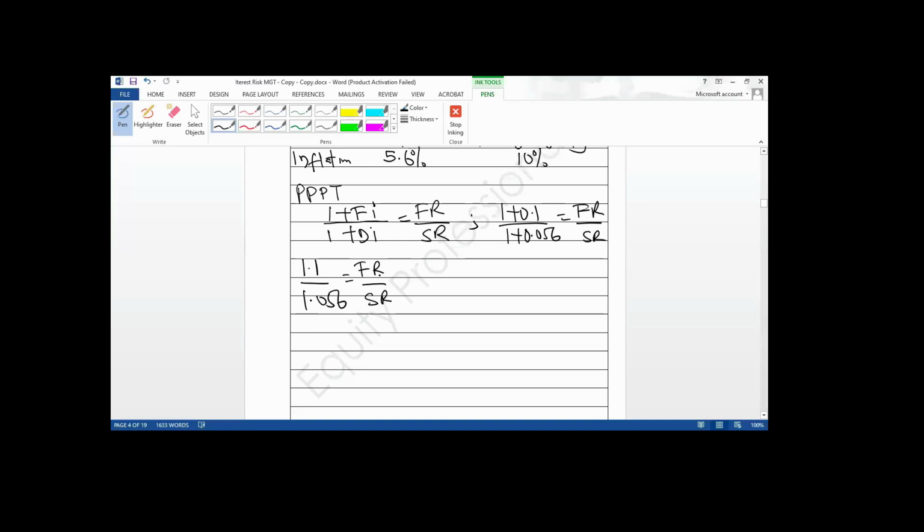If you cross multiply, make Fr your subject: 1.056 Fr is equal to 1.1 Xr. Divide this by 1.056.